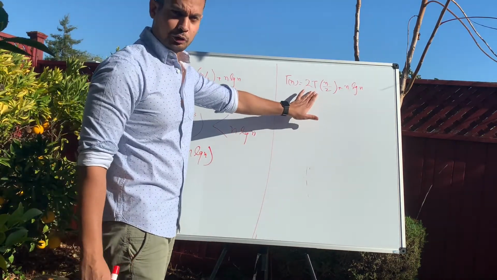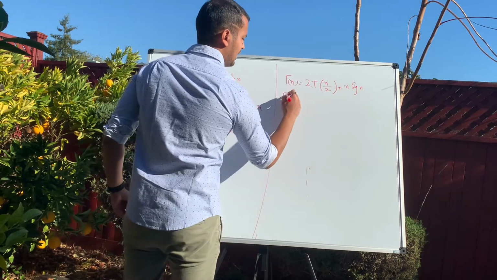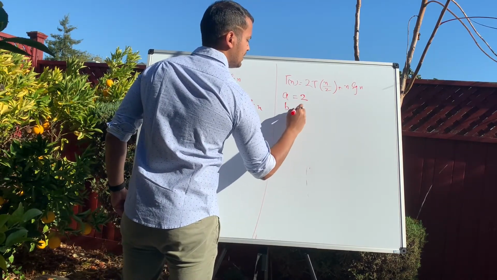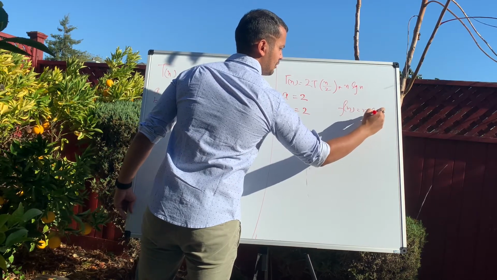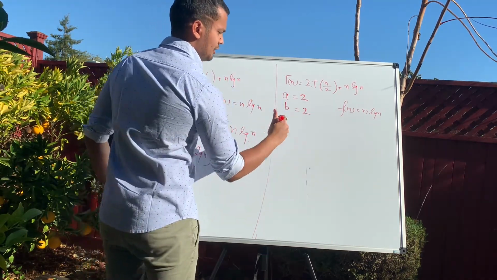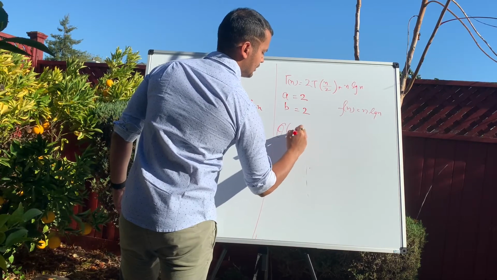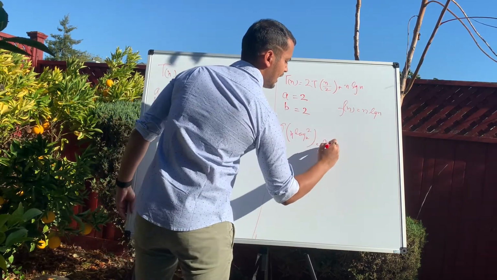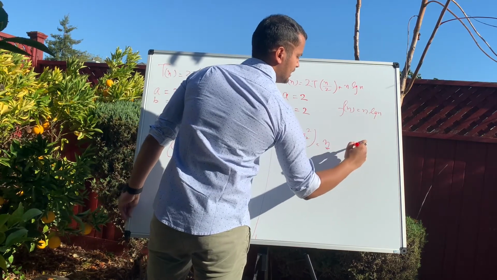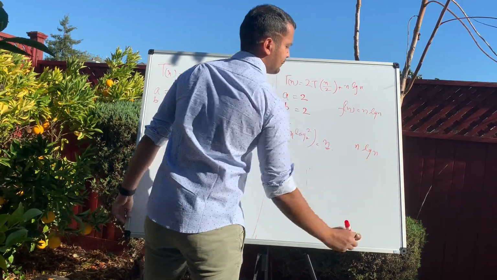This case is a bit tricky. You can see that the a here is 2, b is also 2, and f(n), just like the previous case, is n log n. Here, when we apply transformation, n^(log_2 2), it's n, and this side it's n log n.